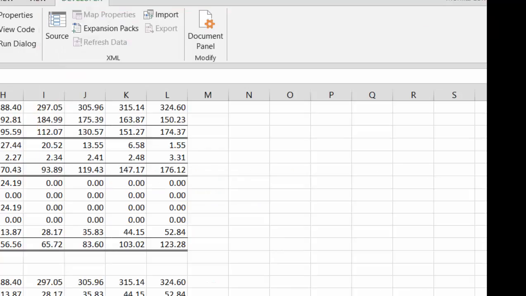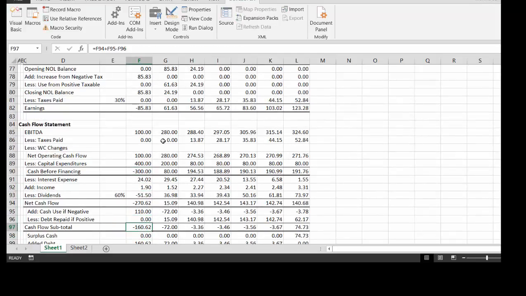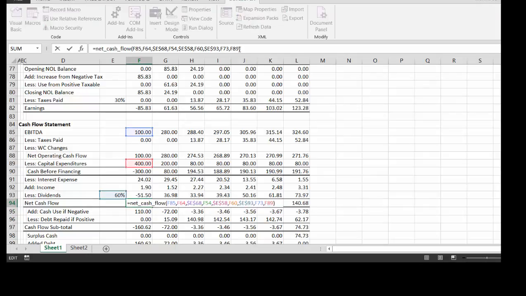And let's see what happens. First save the file. And we need to put in the tax rate. And the beginning NOL.